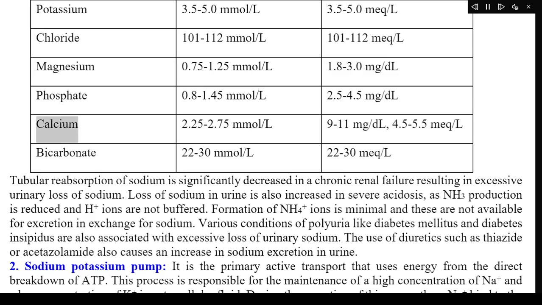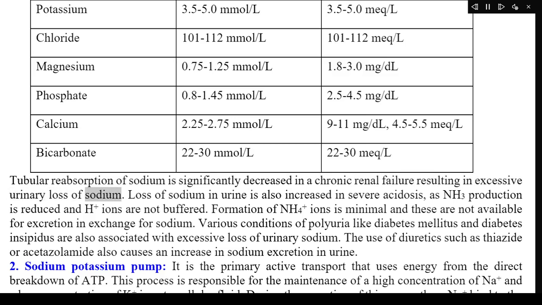Calcium: 2.25 to 2.75 mmol/L, 9-11 mg/dl, 4.5 to 5.5 milliequivalent/L. Bicarbonate: 22 to 30 mmol/L, 22 to 30 milliequivalent/L.